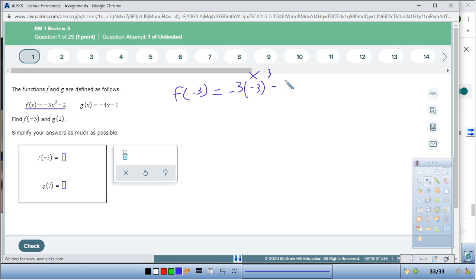and then -2. So in this situation right here, I already know 3 times 3 times 3 is 27. But this is a negative, and a negative times a negative gives me a positive, and then a negative. I'm going to go to -27, and then we're going to have a -3 on the outside, -2. I'm following the order of operations. In the order of operations, you basically keep the grouping stuff done first, exponents done.